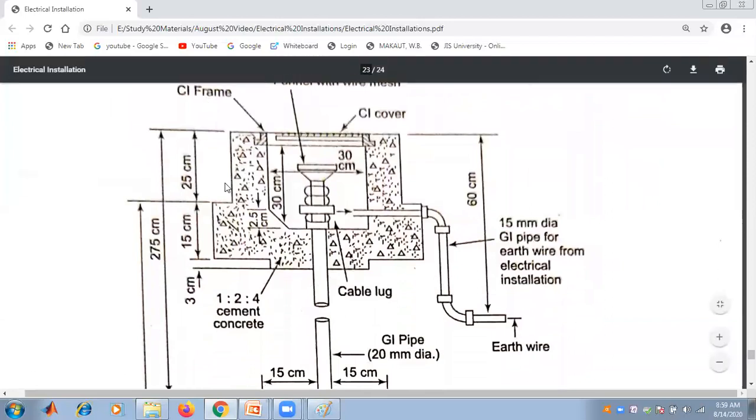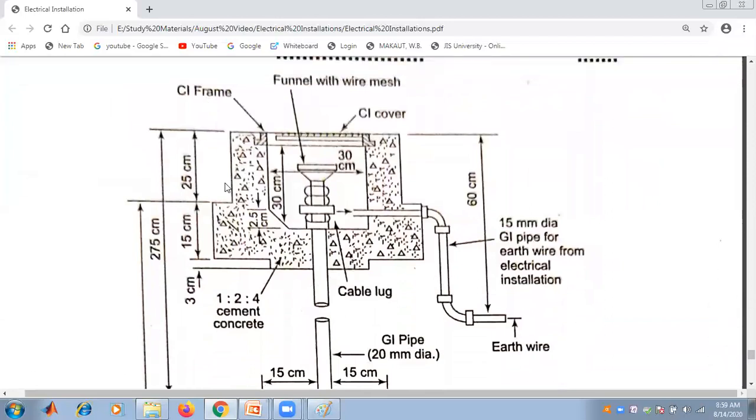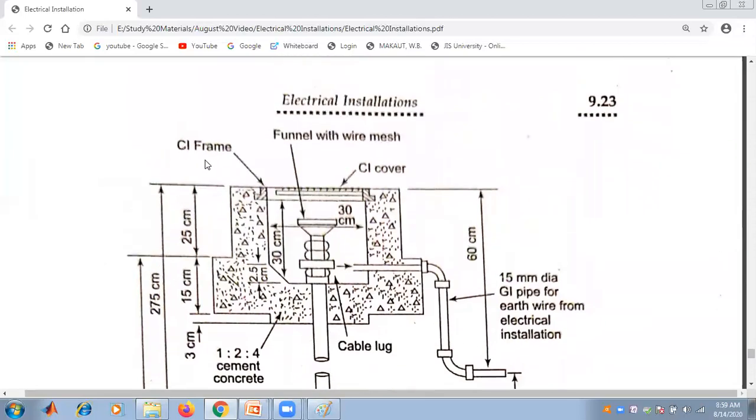It is clear what I have discussed about the cast iron cover, that is the cast iron frame, and the funnel with wire mesh, along with the clevel lock, and all the dimensions are given.